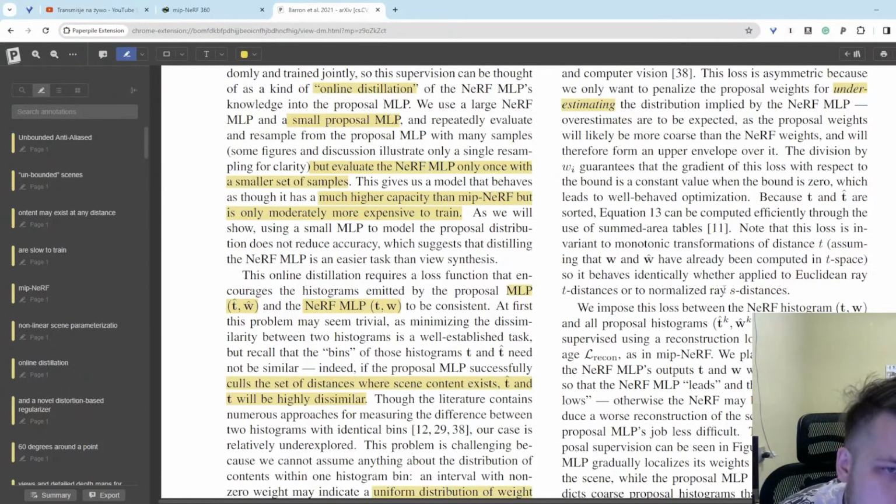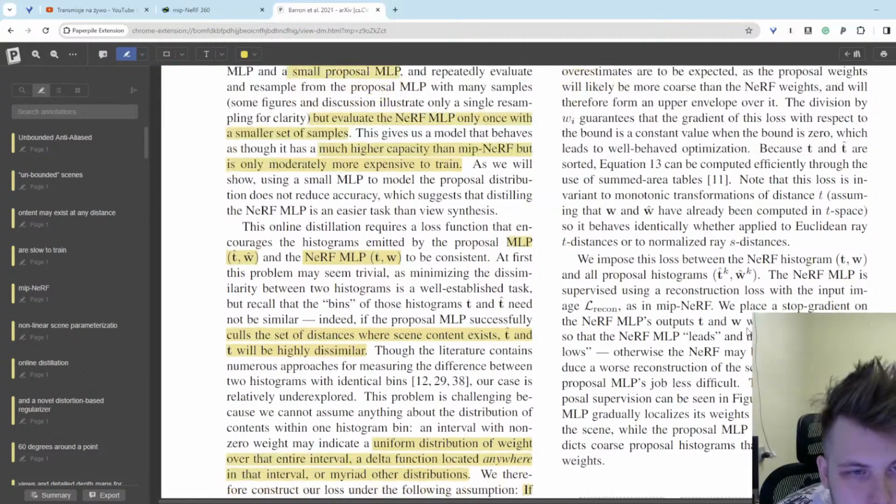So that works for both, great. We impose this loss between the NeRF histogram and all proposal histograms. The NeRF MLP is supervised using reconstruction loss with the input images. As in Mip-NeRF, we place a stop gradient on the NeRF MLP's output t and w when computing L-prop.